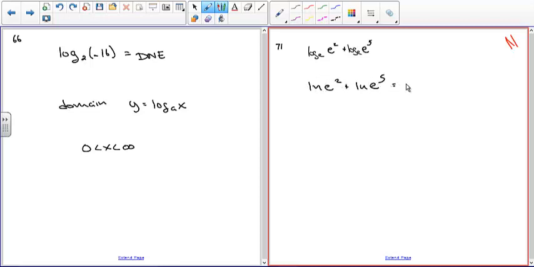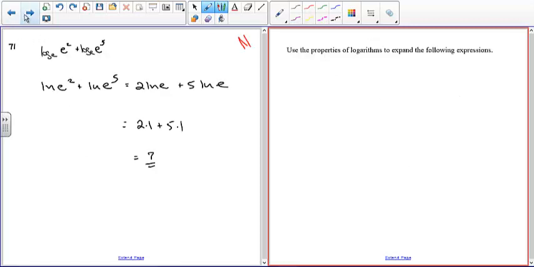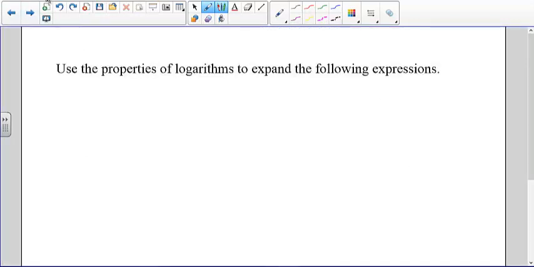So we bring the 2 out and the 5 out like that, using the third property of logarithms. The natural log of e is 1. Same here. So the answer is 7. Okay, so that's using the properties of logarithms to evaluate expressions.